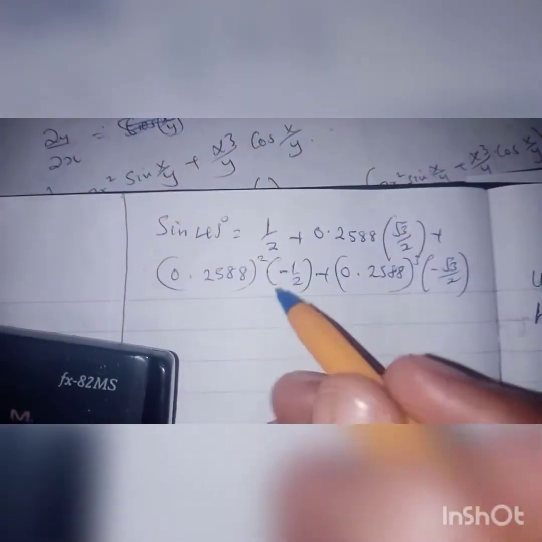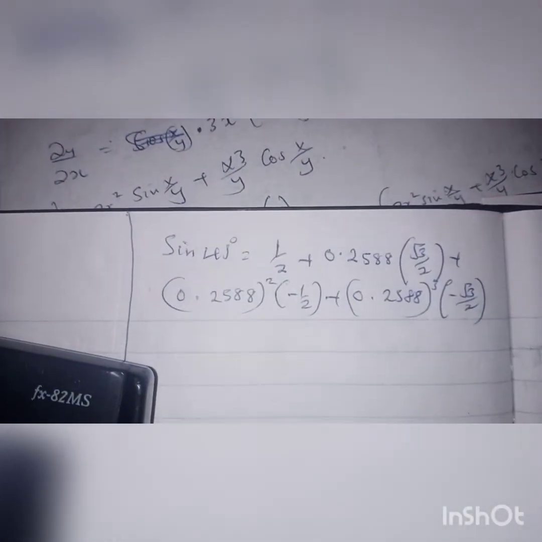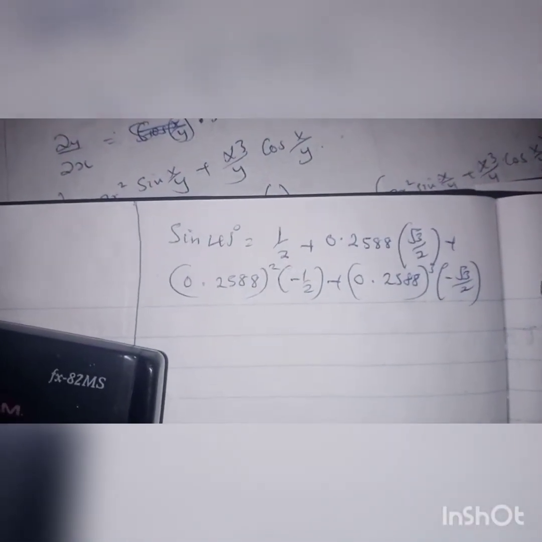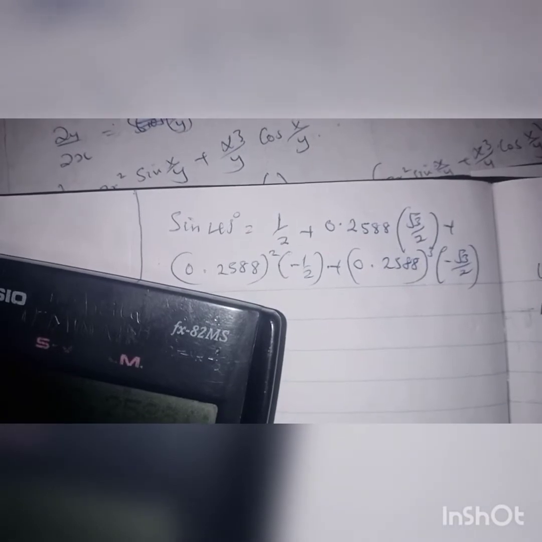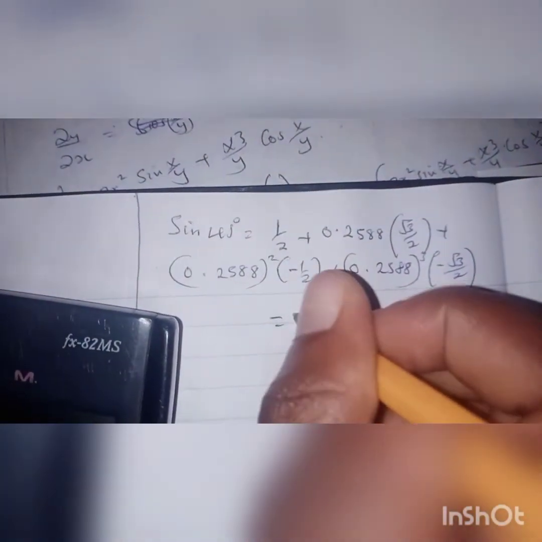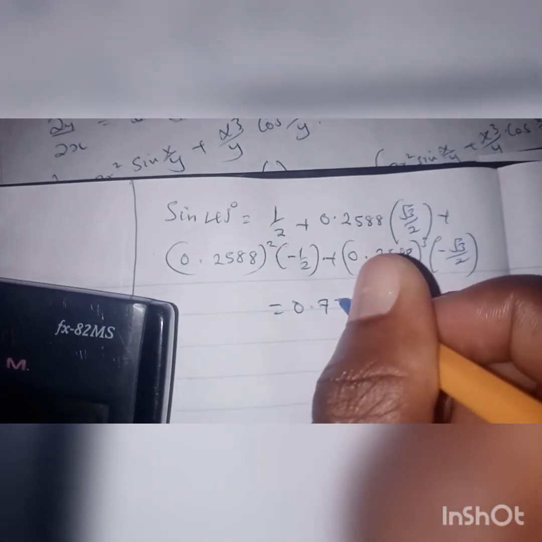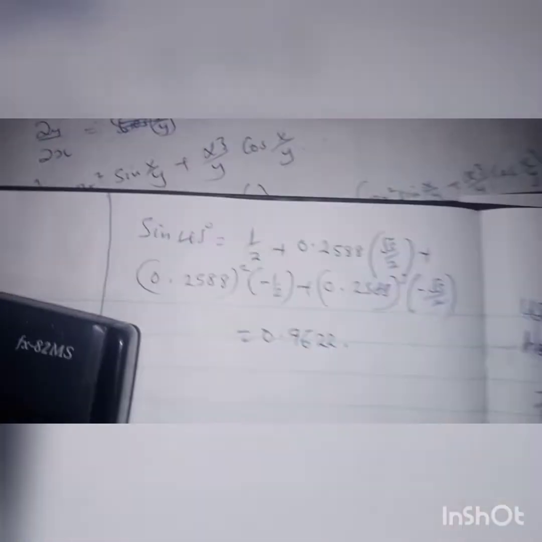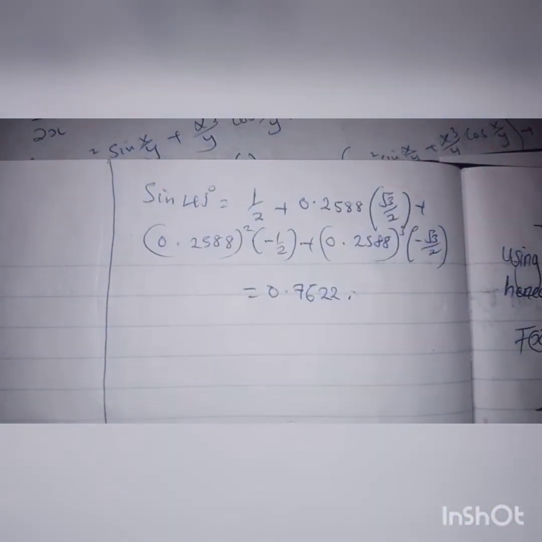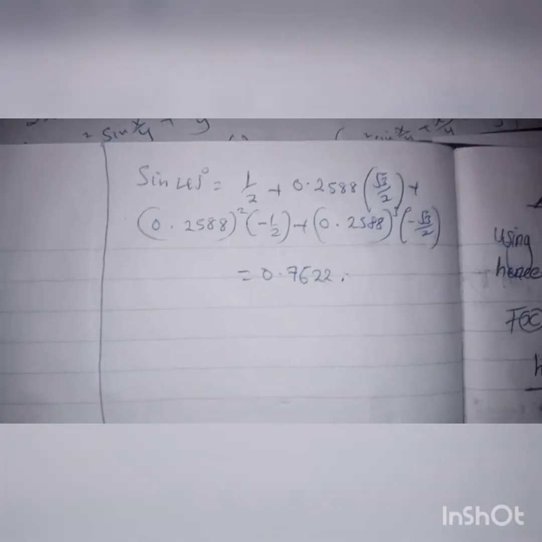So sine 45 equals 0.7, then shift, which equals 0.762. So this is your answer for sine 45 using the Taylor series.